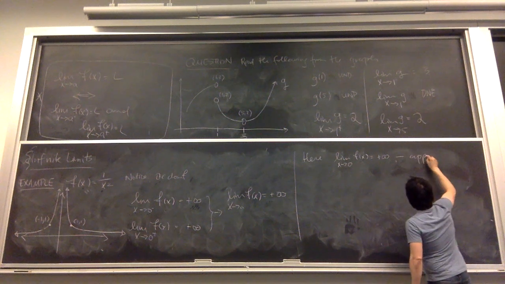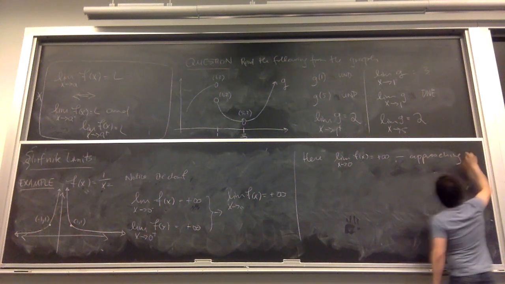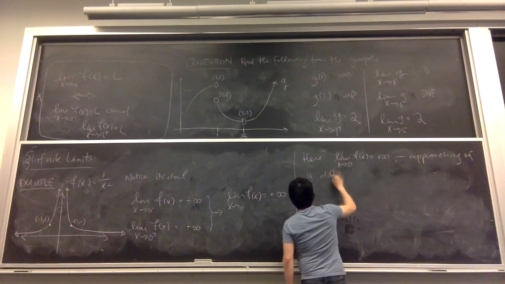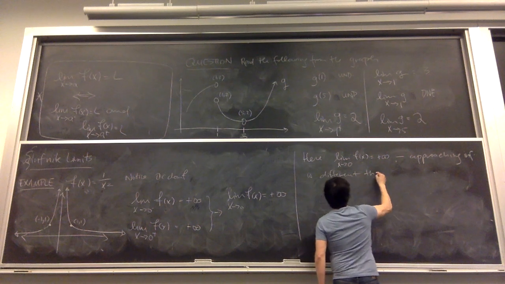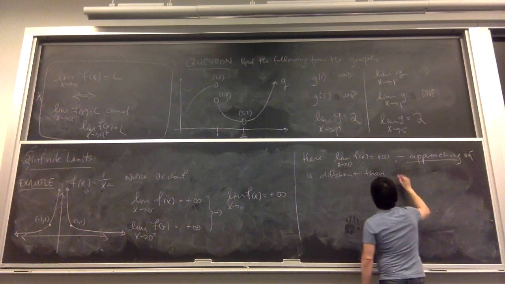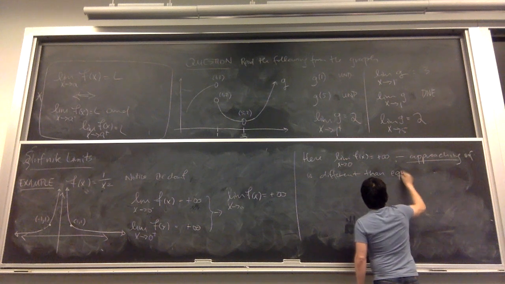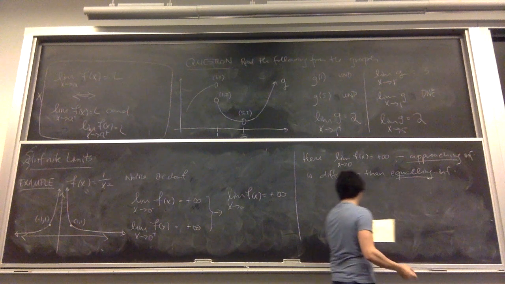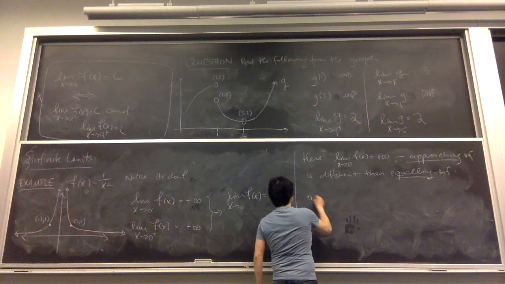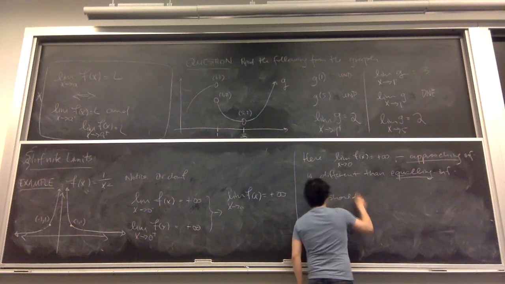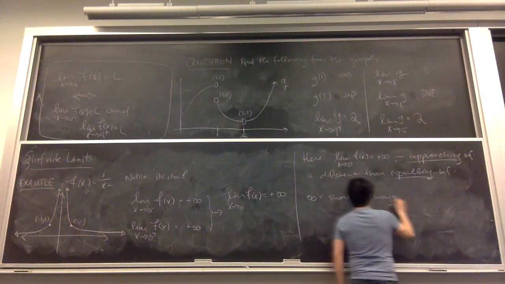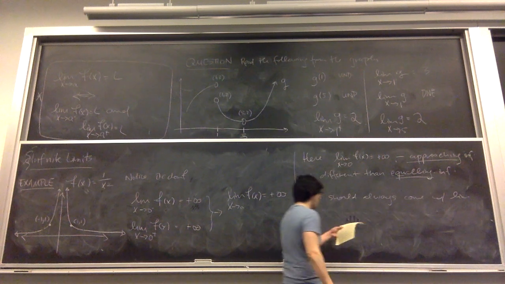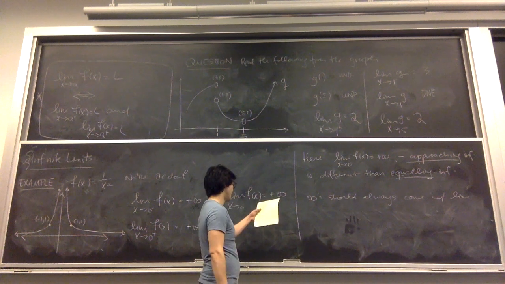Approaching infinity is different than equaling infinity. That's the whole purpose. So these infinities should always come with limits, because it's just a concept that you can approach. It doesn't make sense to use it as a number, so just keep that in mind.